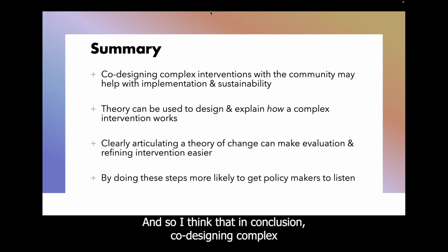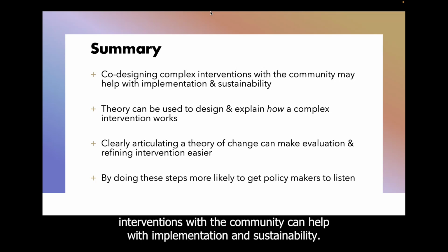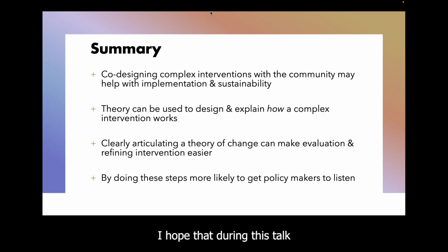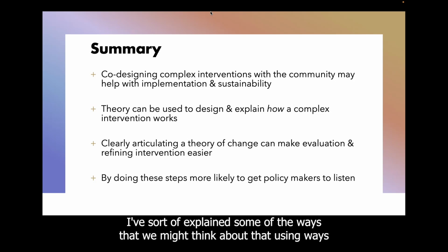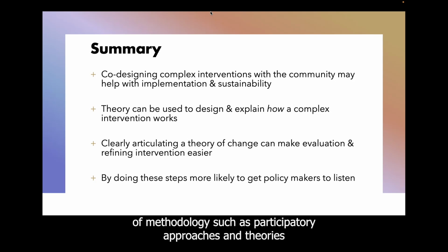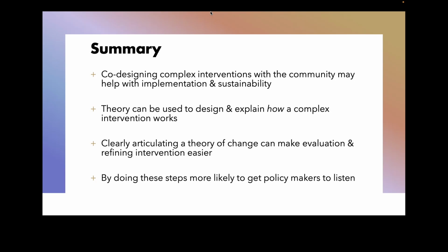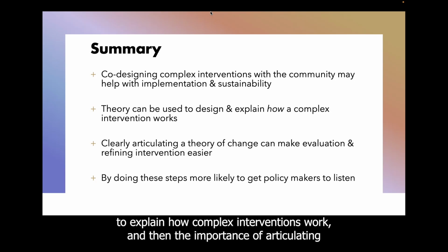So I think that in conclusion, co-designing complex interventions with the community can help with implementation and sustainability. I hope that during this talk, I've sort of explained some of the ways that we might think about that using ways of methodology such as participatory approaches and theories to explain how complex interventions work.